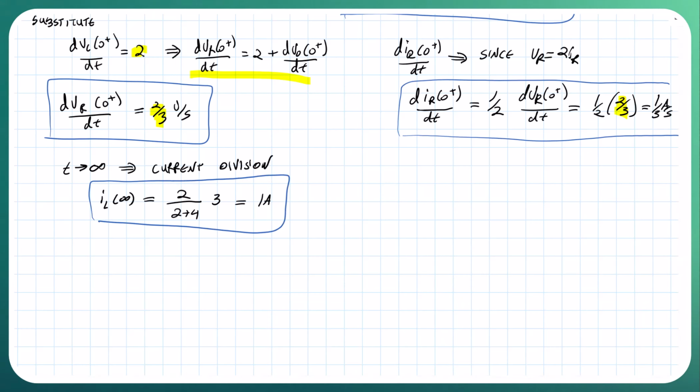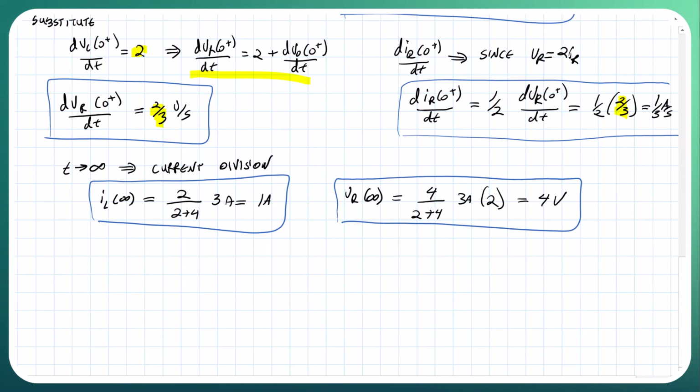And then our VR at infinity is just going to be 4 over 2 plus 4 times 3 amps, times 2. And this is going to give us 4 volts. We'll highlight that. And finally, our VC at infinity is just going to be minus 20 volts.